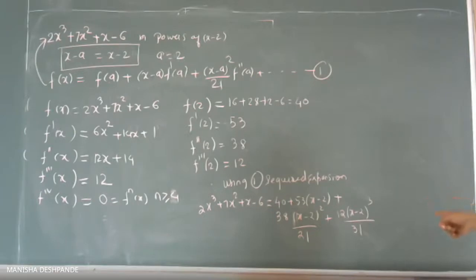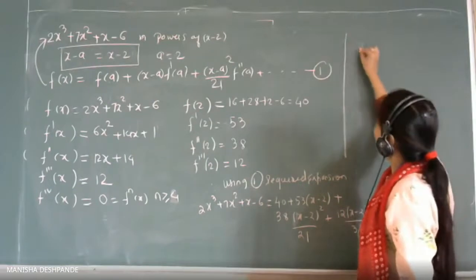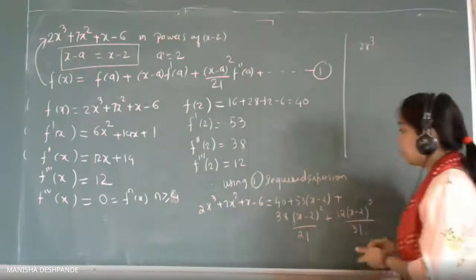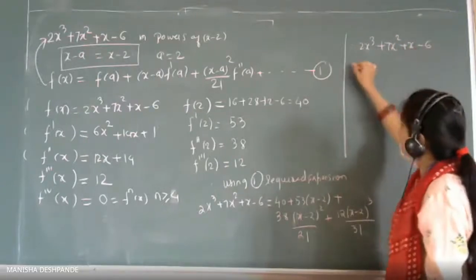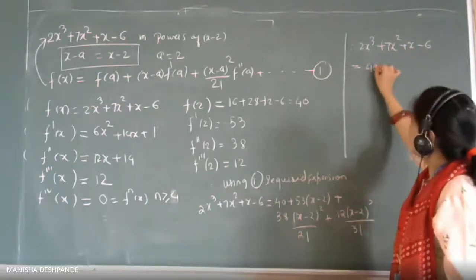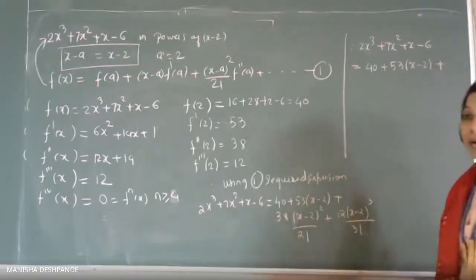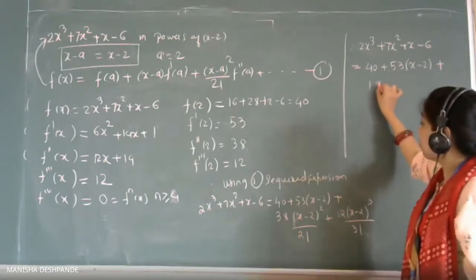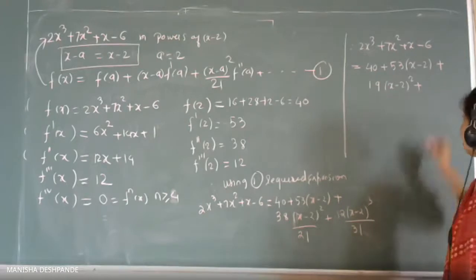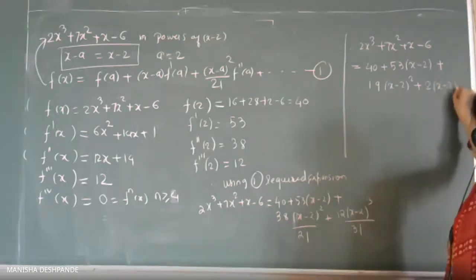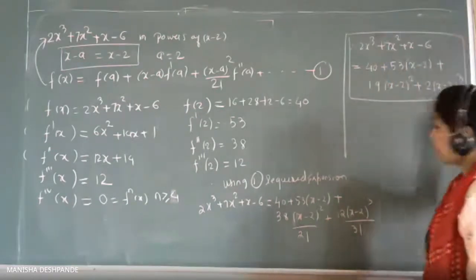So your final answer will be 2x cube plus 7x square plus x minus 6 equals 40 plus 53 into x minus 2 plus 19 into x minus 2 square plus 2 into x minus 2 cube. That's the final answer. So we have expanded the given function in powers of x minus 2.